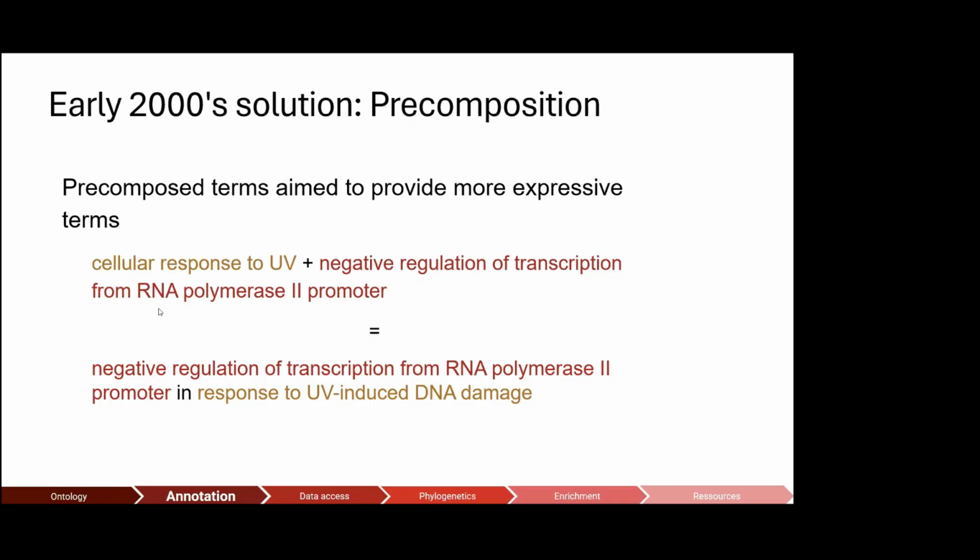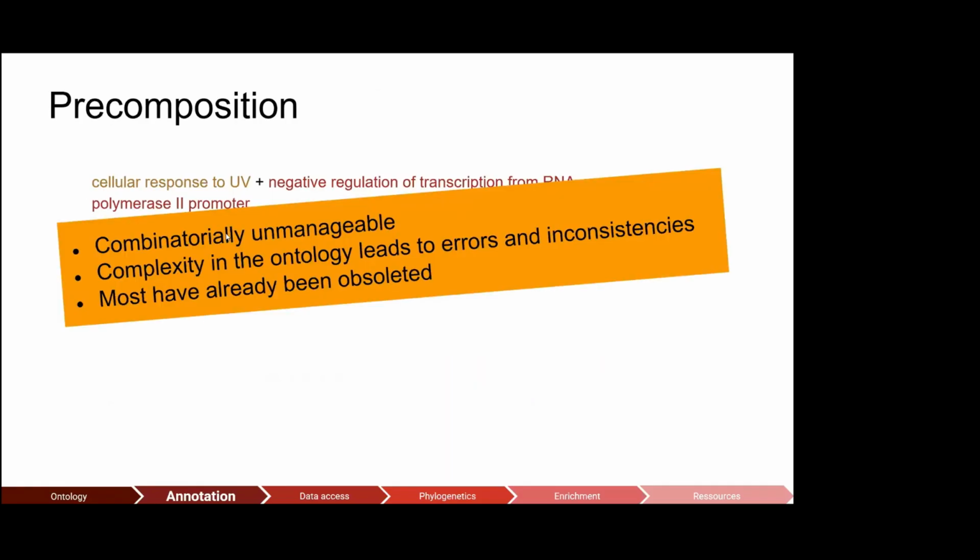So the idea was to make more complex GO terms to better describe biology. But it was found that this combinatorial approach was really hard to manage, and the complexity in the ontology leads to errors and inconsistencies. So most of these terms have been obsoleted.